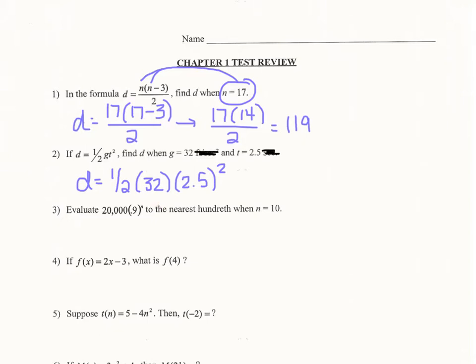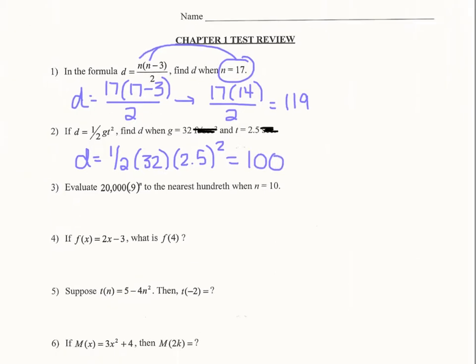But some people want to do the 1/2 times 32 times 2.5 and then square the whole thing. Well, the way this problem is written, only the T is getting squared. So you want to make sure that that square is only being applied to the 2.5. Let me get an answer for that real quick. Oh, and that comes out to a nice, even 100.